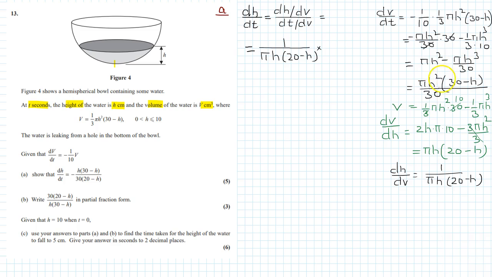So this will be the opposite of this. So this is 30 over pi h square (30 minus h). If we calculate this, pi h cancels and only h remains here. So that is 30 minus h divided by 30 times (20 minus h).